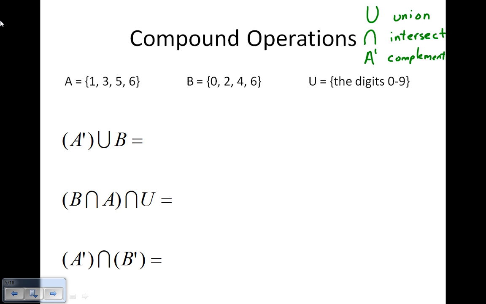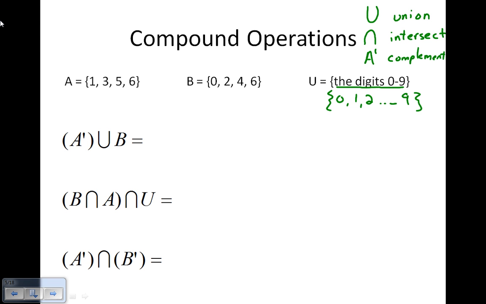So if we look at my first problem, it says the complement of A union B. So we need to first find the complement of A. Remember that the complement means those that are not included in A but are in the universal set. My universal set is still the digits 0 through 9, so 0, 1, 2, all the way up to 9.